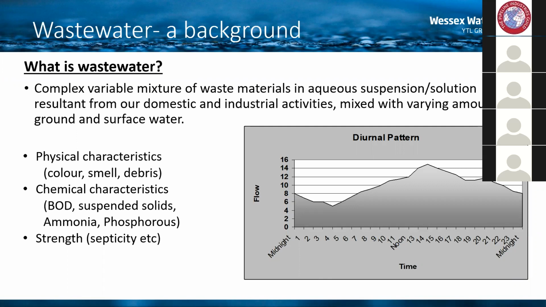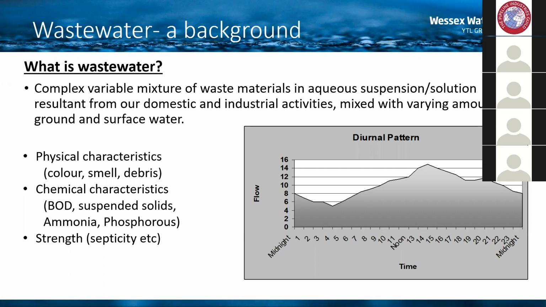As you can imagine, depending on the catchment and the mix of effluent that we get, the sewage can have different physical characteristics, which can be colour, smell, debris, and chemical characteristics. The chemical characteristics we tend to look at more are something called the BOD, which is the biological oxygen demand.